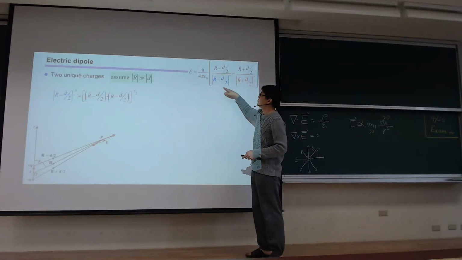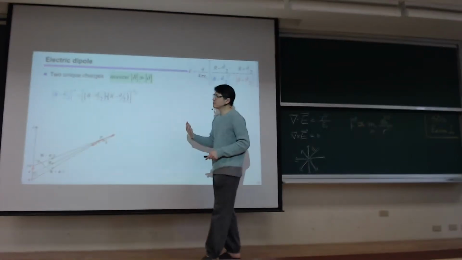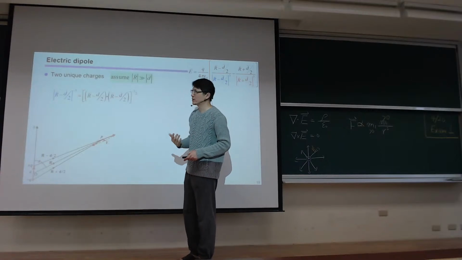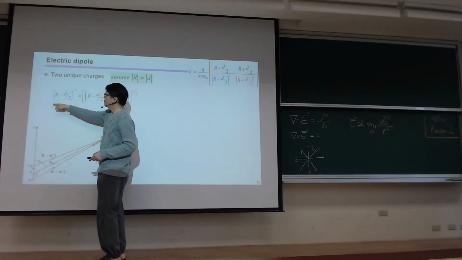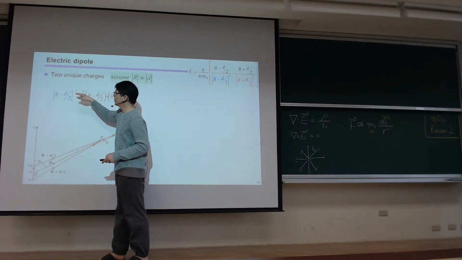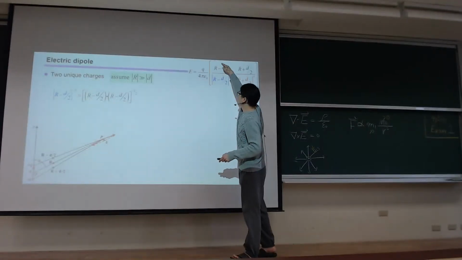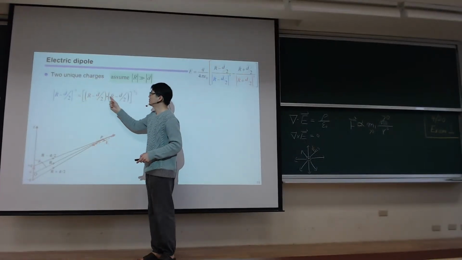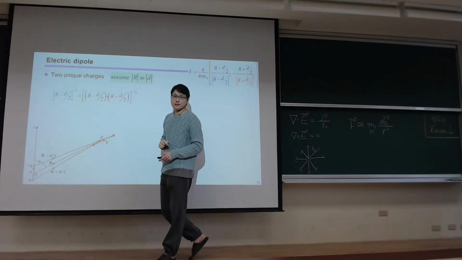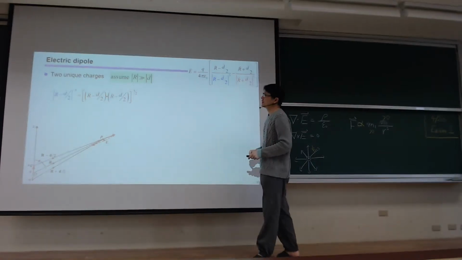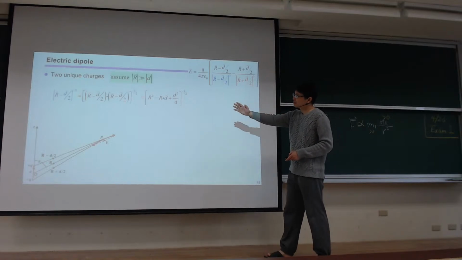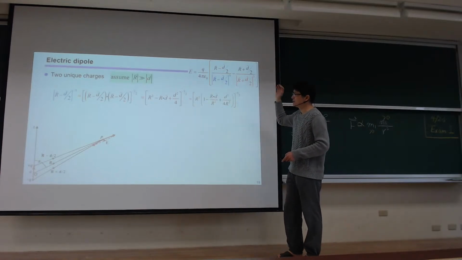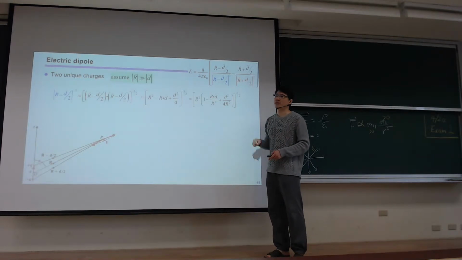This blue part, 1 over the magnitude of r vector minus d vector divided by 2, cubed. I want to find some approximation, right? So this magnitude raised to the negative three means 1 over this, which equals the square, then take the square root. This is purely math. You multiply everything out, and you have these three contributions.